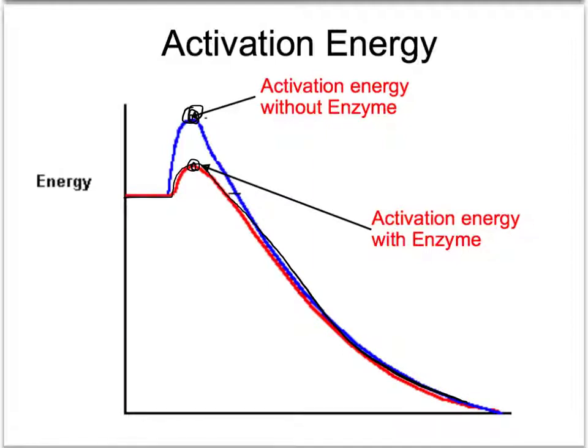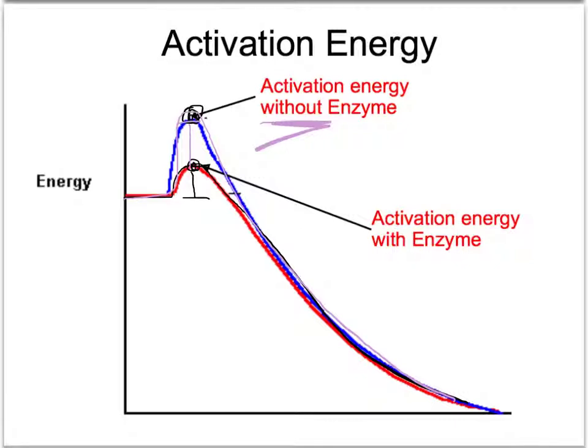It requires less energy, if this is the amount of energy required. If you compare that to the blue line, the blue line requires more energy. So in order to get up over this blue line, you needed to get more energy. This would be a reaction without an enzyme because it needs more energy to happen.